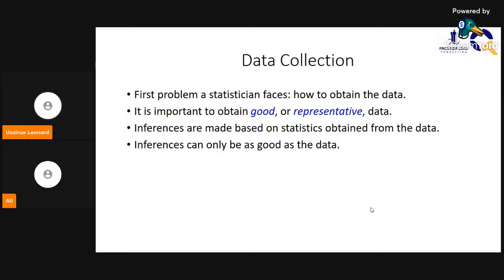Is it representative of the population you intend to study? So you must make sure that the people you collect this data from are the actual population you are supposed to be dealing with. If you are not collecting the right data, you will not be able to make a good decision.